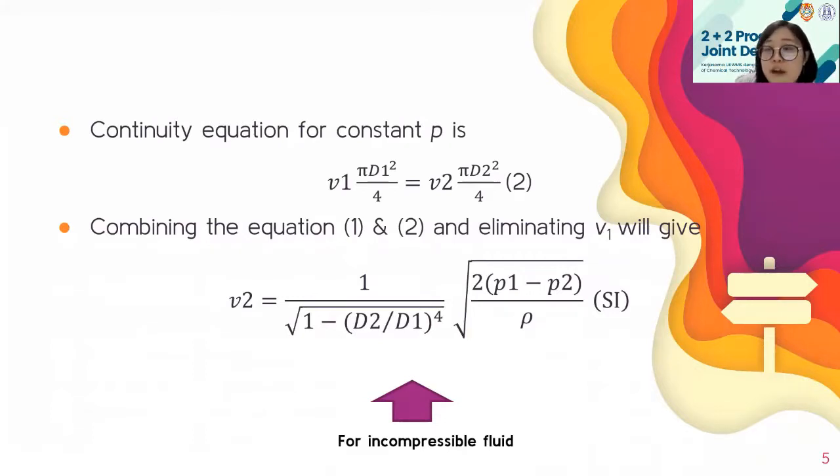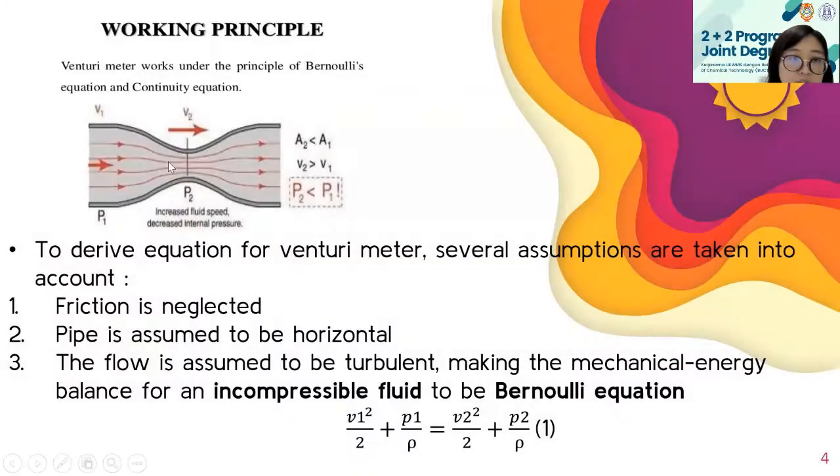So if I have a constant pressure between P1 and P2, actually we will know that the mass flow rate between this side and this side will be the same, because there is no additional mass added and there is no removal of mass from the system, right? So of course, the mass here and the mass here will be the same.